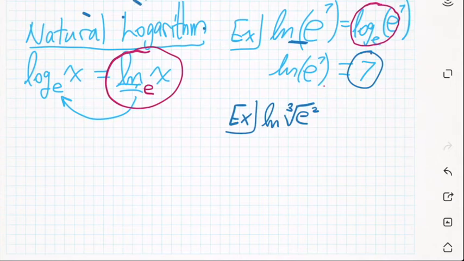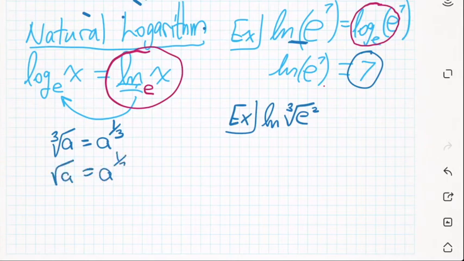So a cube root of any number is the same thing as that number raised to the 1/3 power. Square roots of a number are that number raised to the 1/2 power. I think I talked about this with laws of exponents. So it comes in handy here. So this becomes ln of e raised to the 1/3 power.